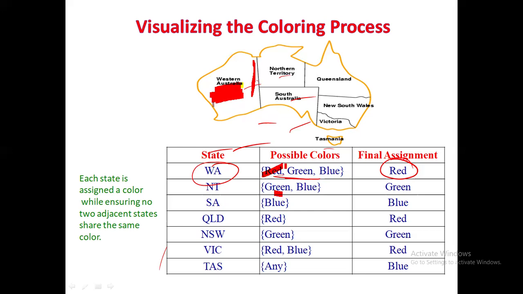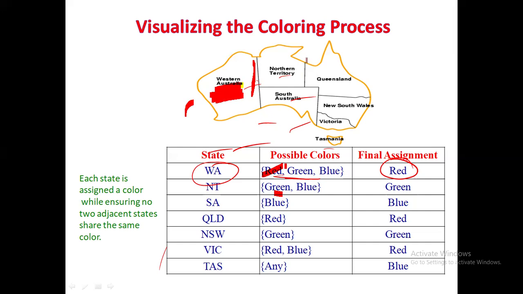Here we select green for NT to allow SA, which shares borders with multiple states, to have a feasible color choice. Choosing green for NT ensures that we maintain color diversity while minimizing the chances of conflicts. Since NT also borders Queensland, QLD, its color choice affects the options available for QLD in the next step.